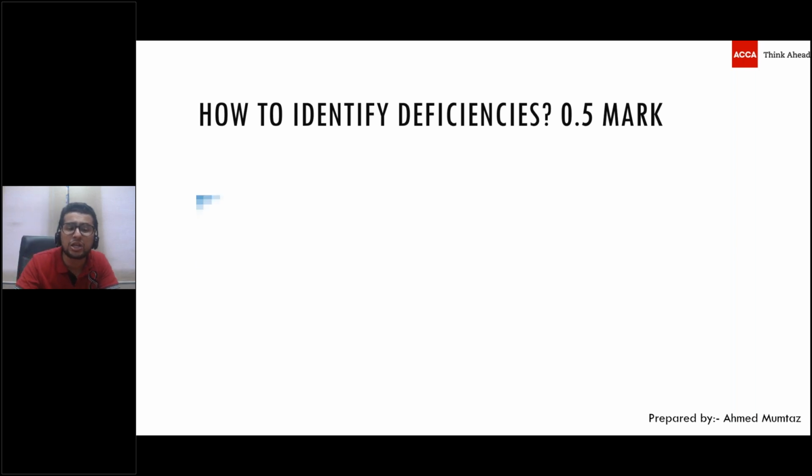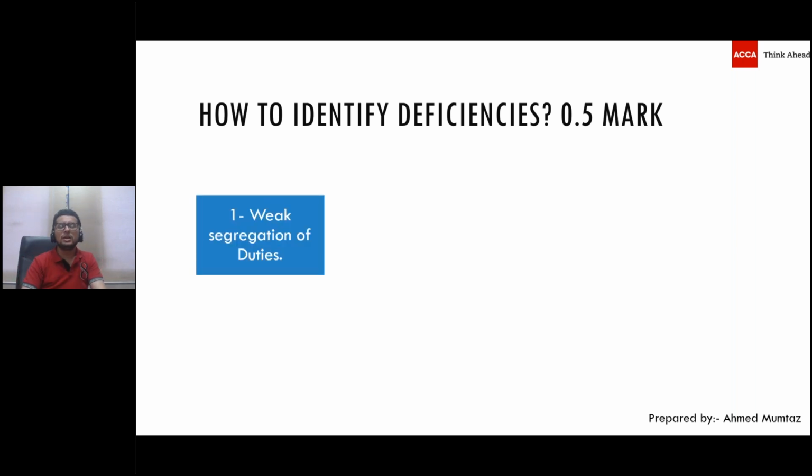And yes, you can use the copy paste technique. Number one, look for the weak segregation of duties. Segregation of duty is an important control. So if the segregation of duty is not being followed pretty well, if there is a clear indication that one individual is involved in too many interrelated activities, we call it weak segregation of duty.